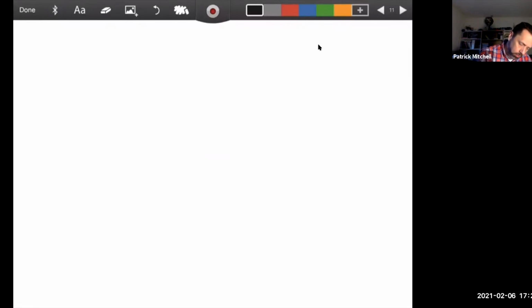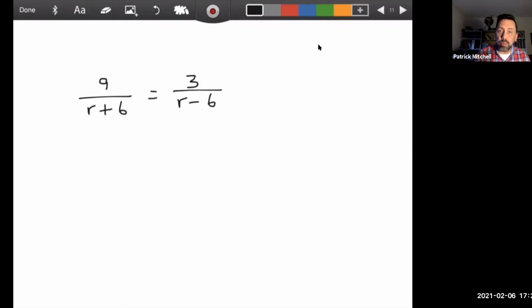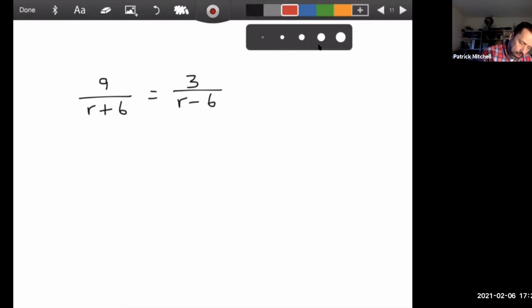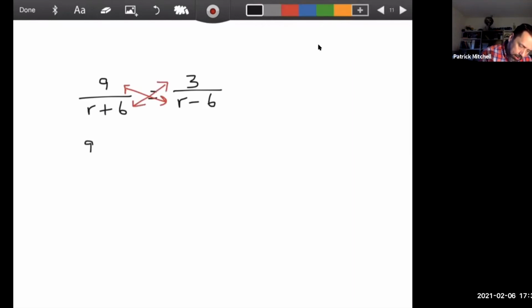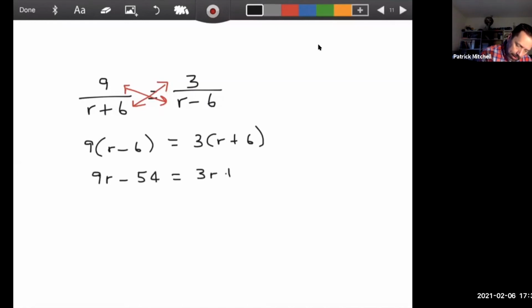9 over R plus 6 equals 3 over R minus 6. And again, this is a proportion, so we can cross multiply. That's going to give us 9 times R minus 6 equals 3 times R plus 6. 9R minus 54 equals 3R plus 18.